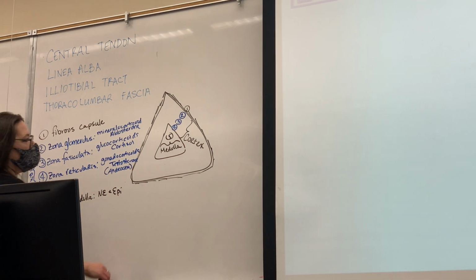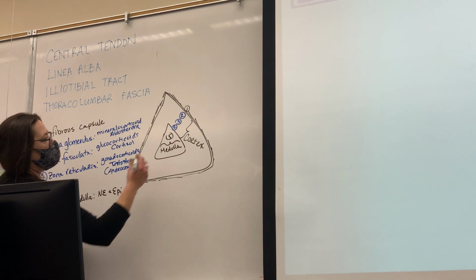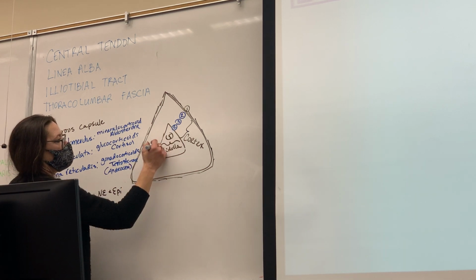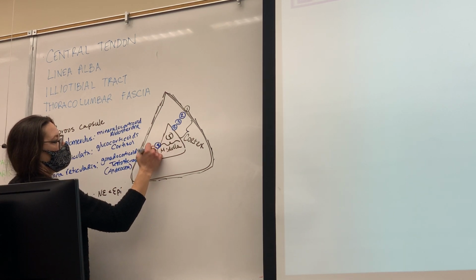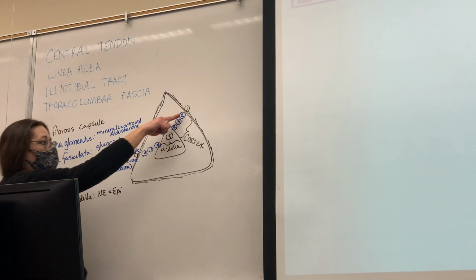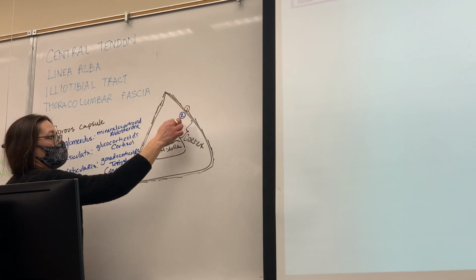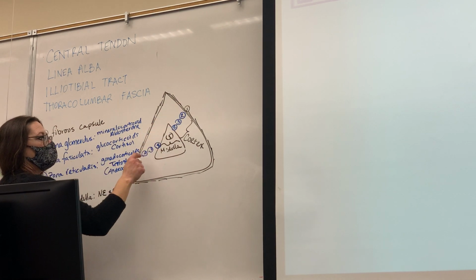Now, if we kept going in this direction, then we would run into 4 again, then 3, then 2, and 1 would be out here. So when we look at these slides, you're going to see the whole section from 1, 2, 3, 4, 5, 4, 3, 2, 1.